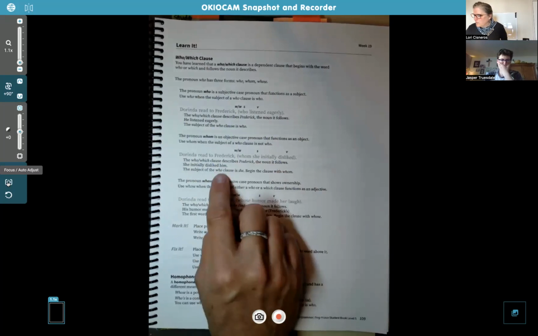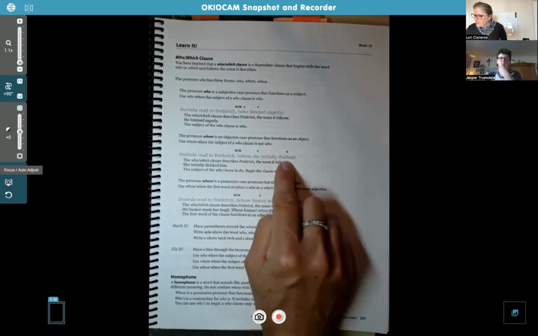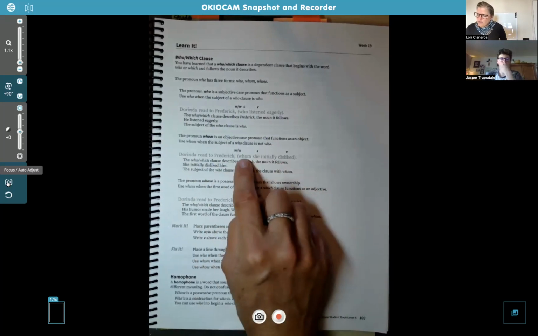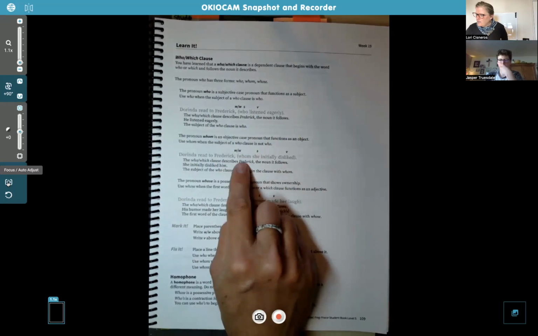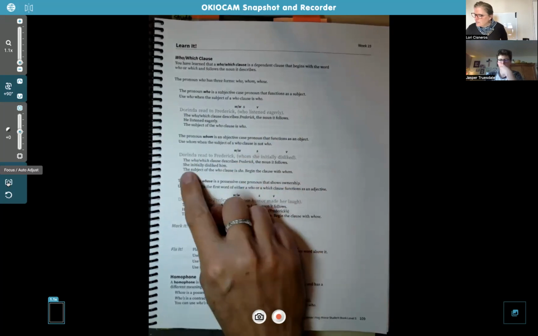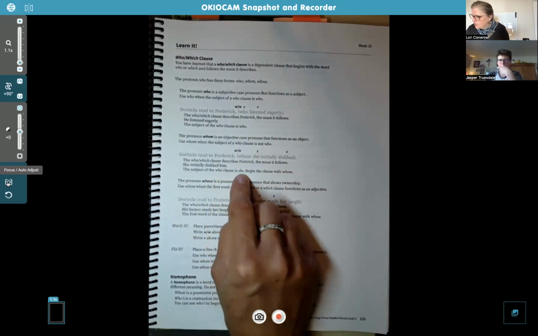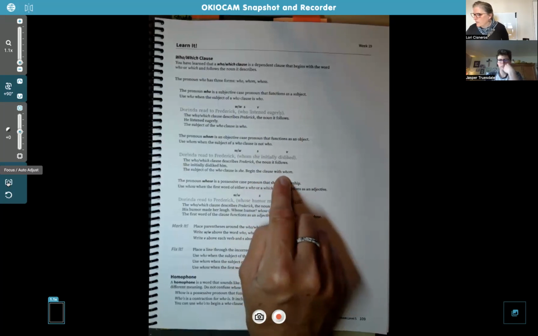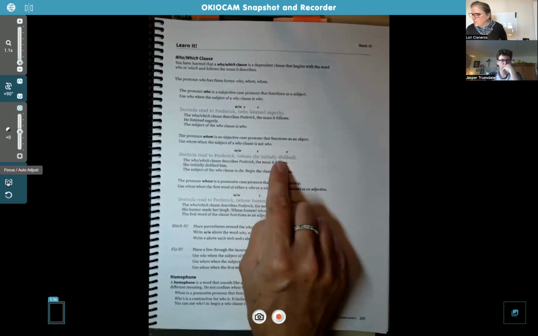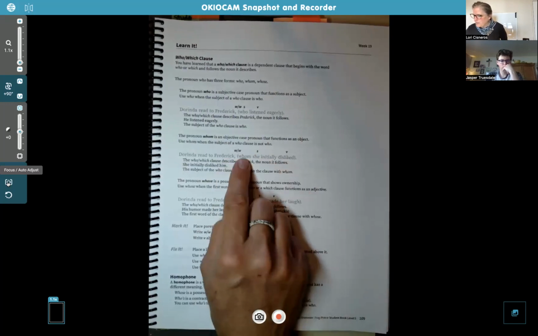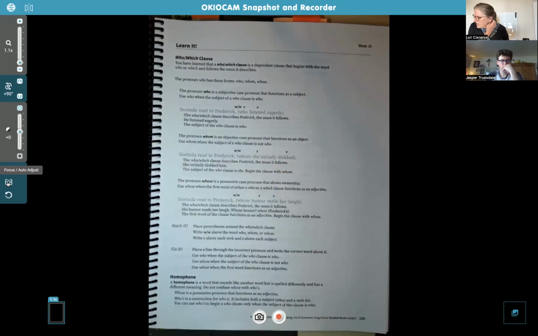So that's what that's explaining there. She initially disliked him. So you could replace whom with the word him, and then it would make sense. The subject of the who clause is she, beginning the clause with whom. Okay, so the subject is she because she initially disliked him, which is Frederick. So it does make sense, trust me, the more we go through this.